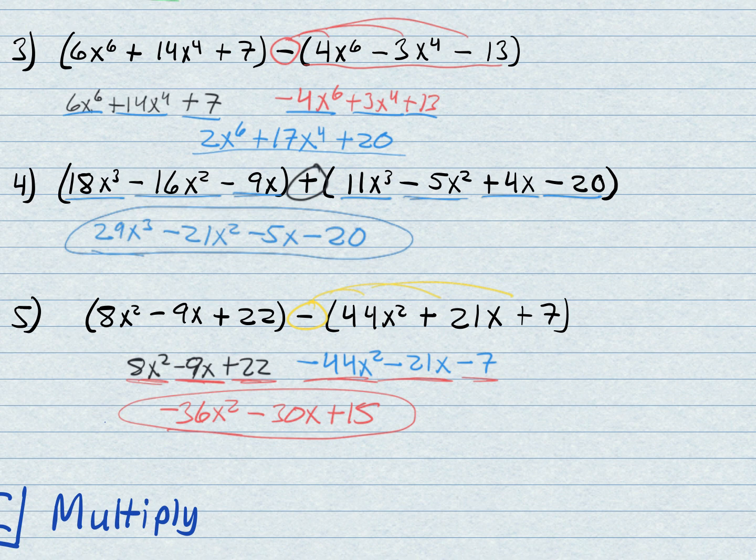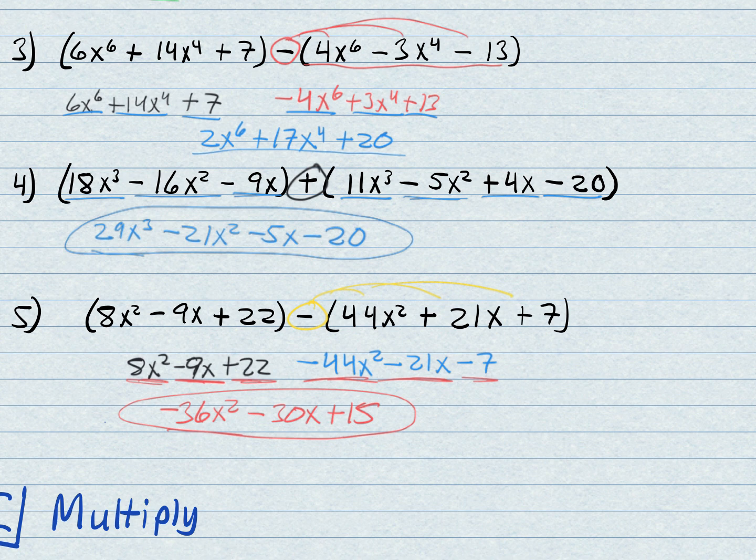The biggest thing when you're subtracting polynomials, make sure you change the sign of everything inside of your polynomials. That's probably the most common mistake for these kinds of problems. So just stay on top of your signs. Make sure you're changing the signs accordingly and leaving them alone when you're adding.